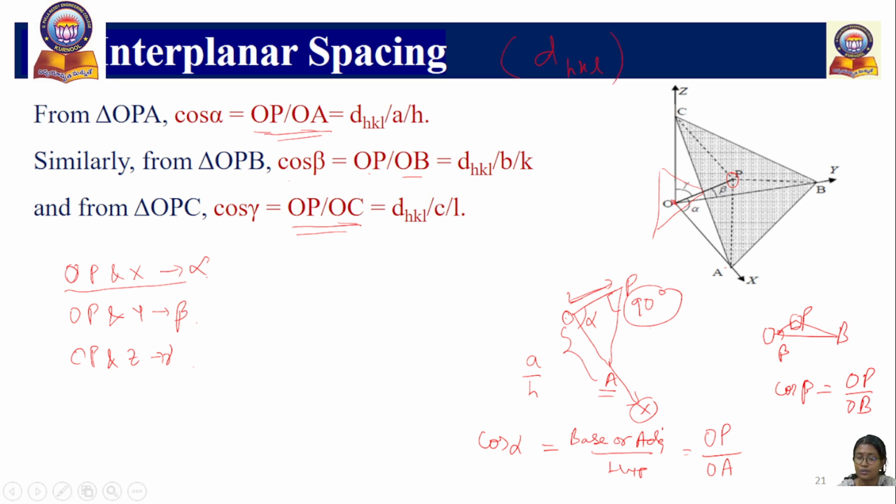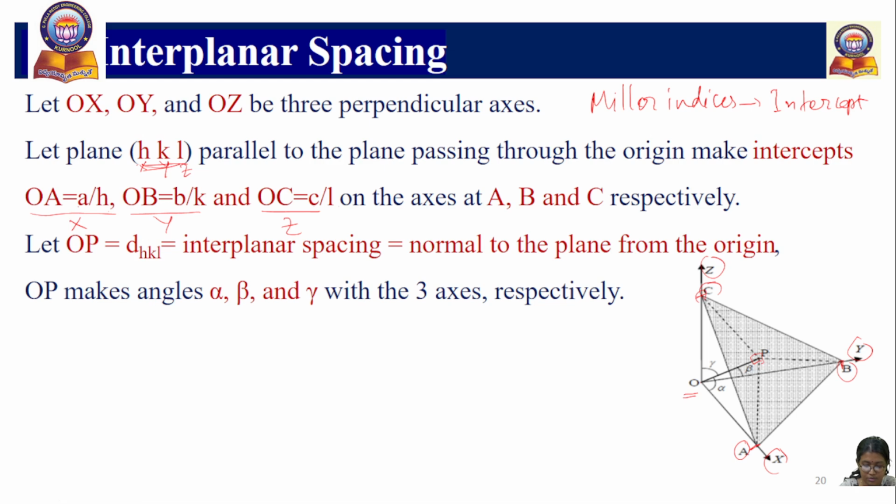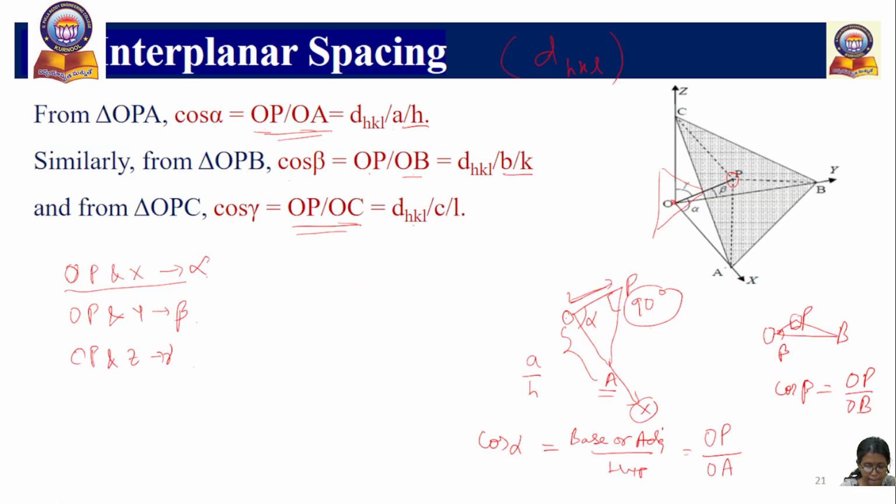Because the Miller indices of this plane are HKL. So OP by OA is d HKL by A by H. OP by OB, again d by B by K. OP by OC means d by C by L. How we got C by L, B by K, A by H from the previous slide: these are intercepts, found by back calculation from Miller indices to intercepts.